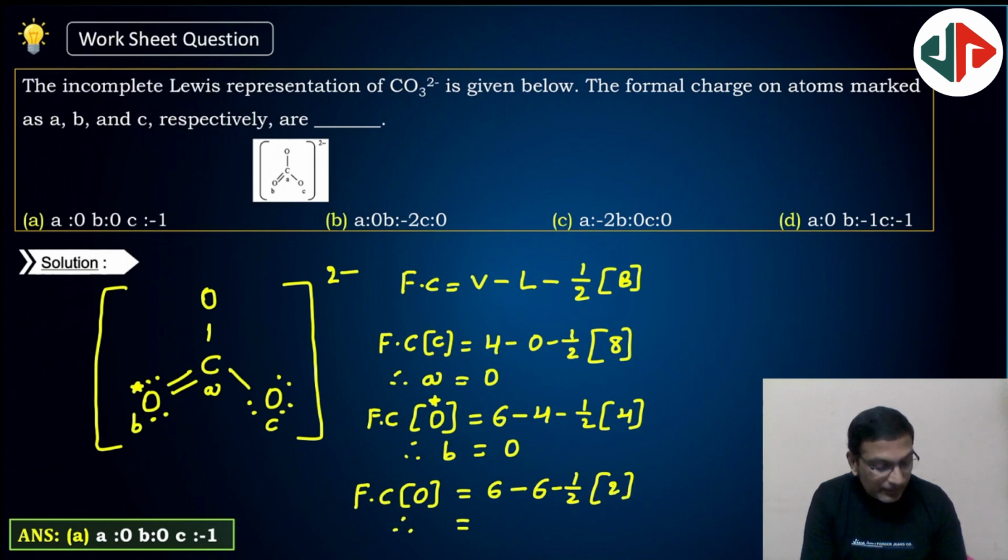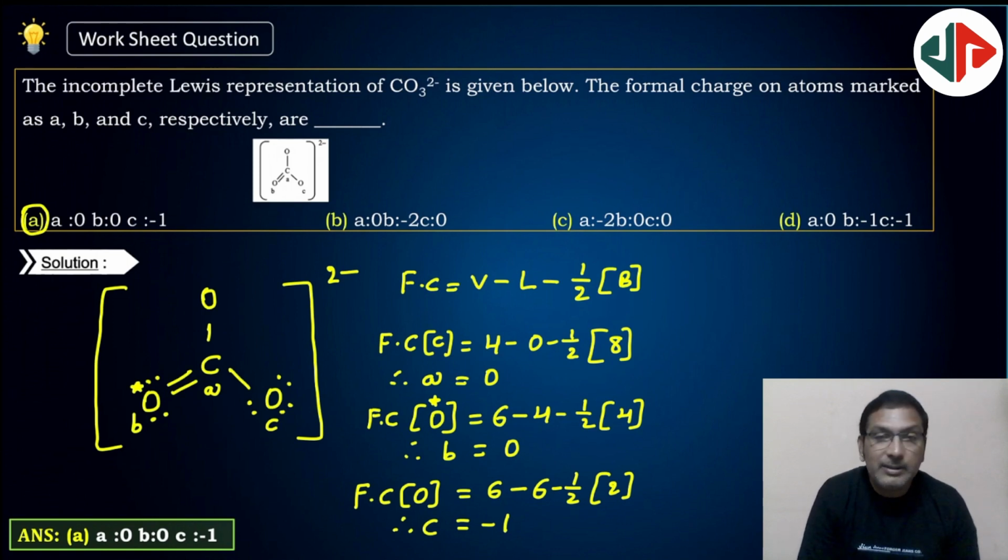Therefore, C will be equal to minus 1. So A is 0, B is 0 and C is minus 1. Therefore, option A. Formal charge, very, very important question. Here there are two types of oxygen, star marked oxygen and normal oxygen. For star marked oxygen, formal charge is 0. For normal oxygen, minus 1.